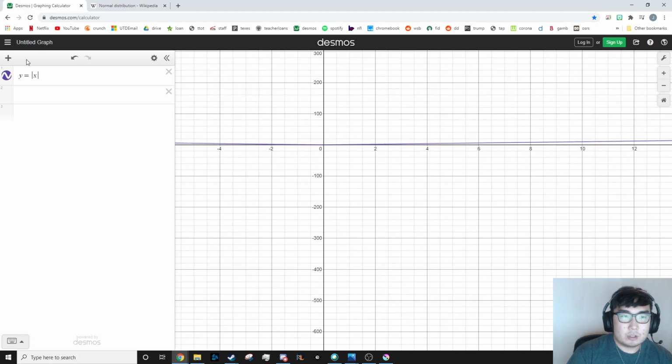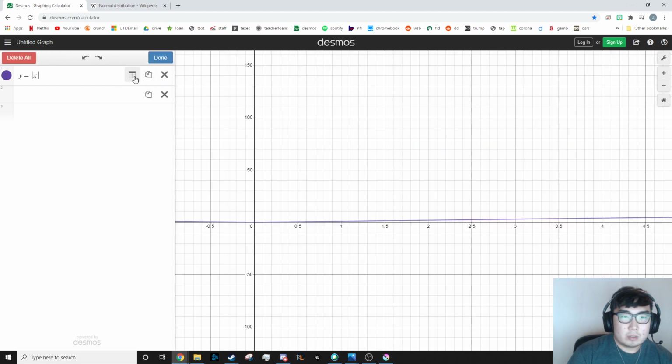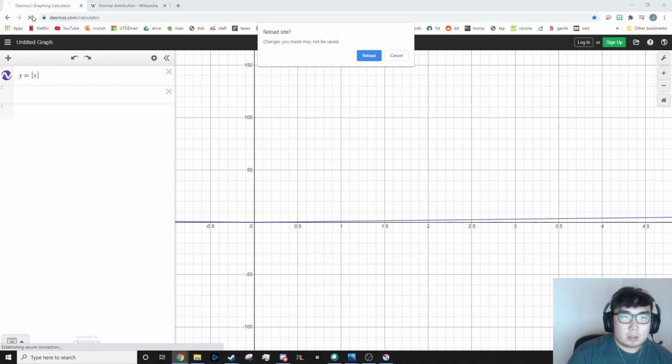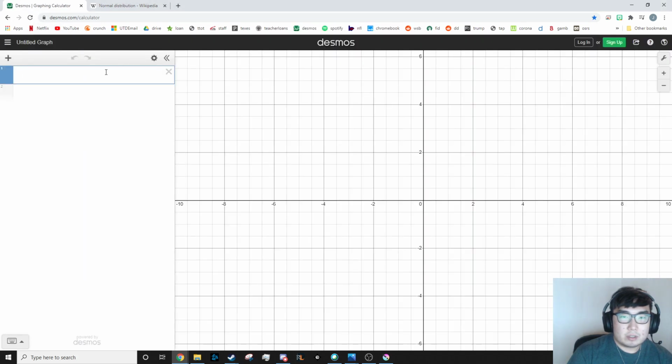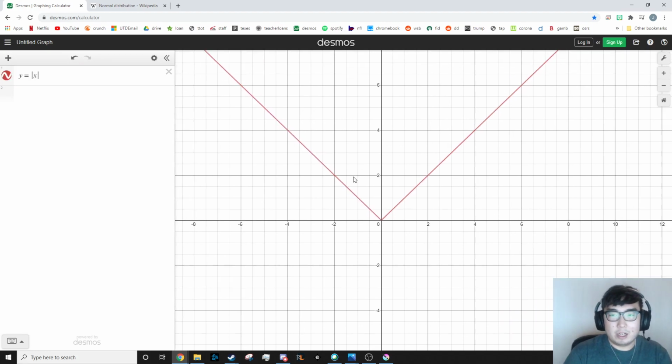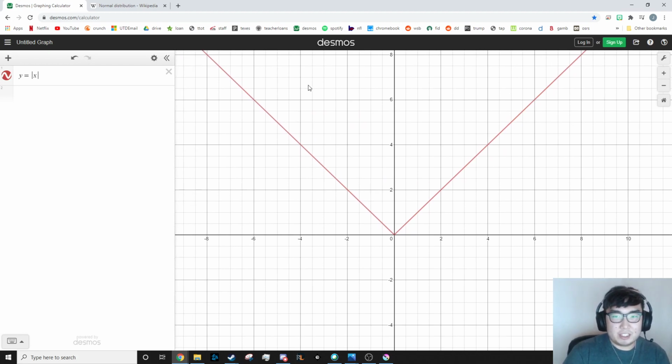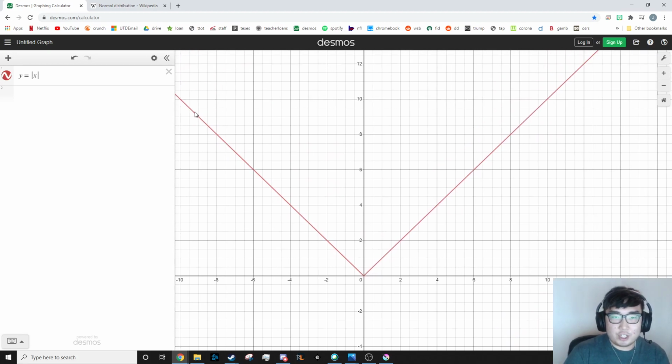Why is my margin so weird? Let me try refreshing this. Y equals absolute value of x. Okay, there we go. Alright, so what we notice is that it has a V shape.